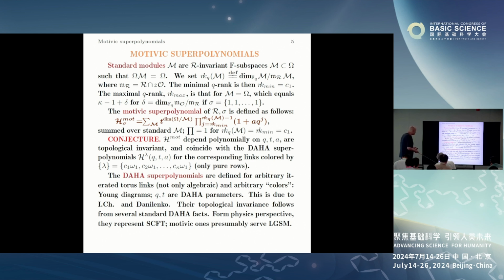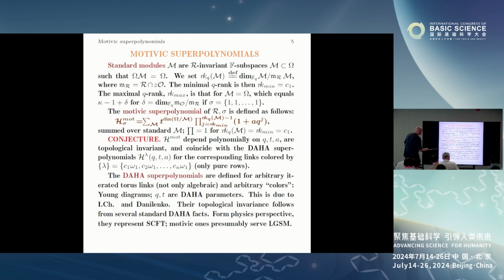Then the conjecture, and I will be ready to discuss examples. The conjecture is that the motivic superpolynomial simply coincides exactly with the DAHA superpolynomial. Remember, I advertised it as a one-line definition: some co-invariant of some gamma applied to something. But there is some restriction about colors.